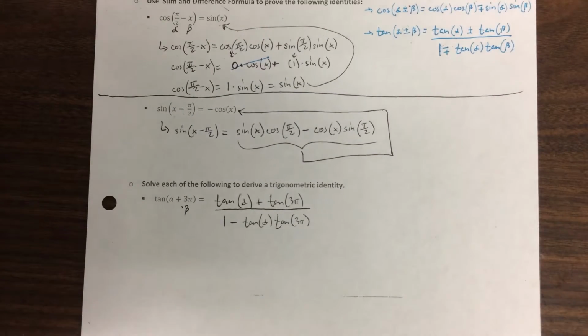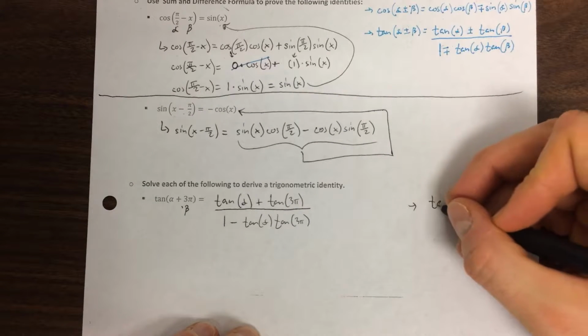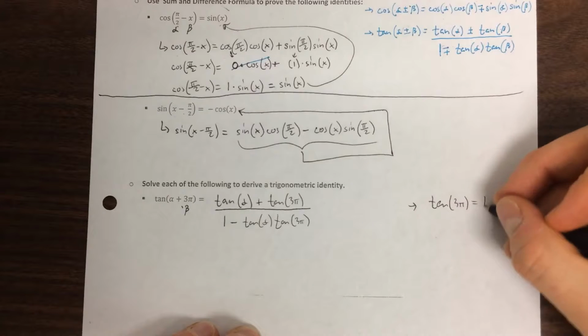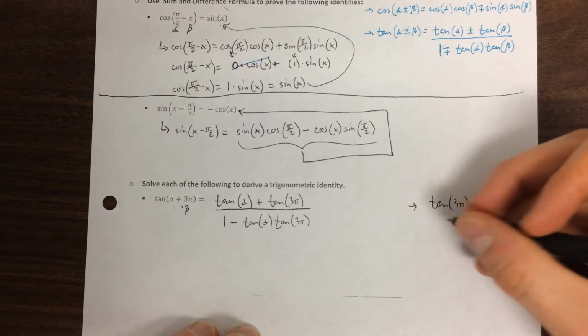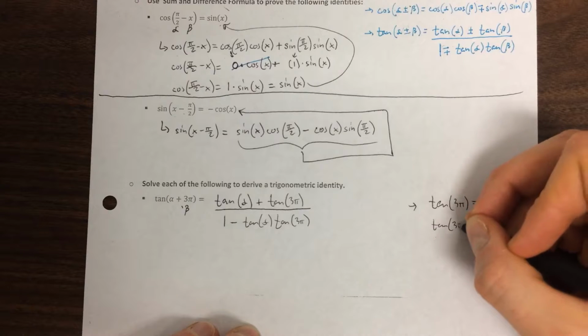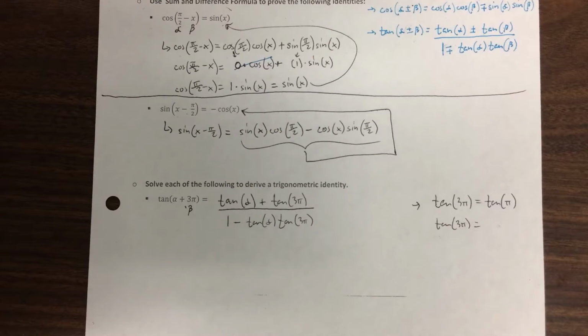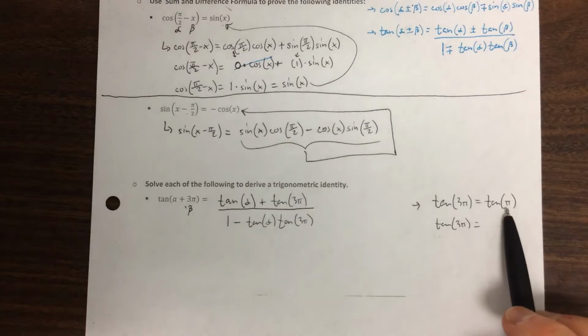Now in class, if you look on your unit circle, we talked about that 3 pi does not fall on our unit circle. So what we have to do is try to figure out what is coterminal with 3 pi. And what we discussed is what's coterminal with 3 pi would be pi. So on the side I'm going to say we know that tangent of 3 pi is equal to tangent of pi. Now we want to try to figure out what is tangent at 3 pi. Well, we know it's tangent at pi.